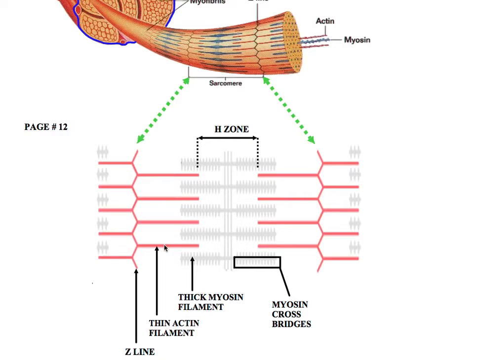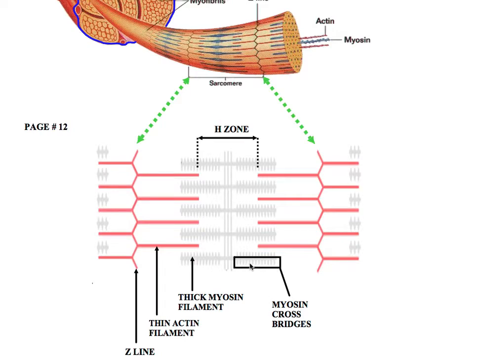And if you put both of your hands together and interlock your fingers and slide them back and forth, you're doing a really good job of demonstrating how the actual contractile process works. So what actually happens here is the thick myosin filaments have these little structures on them called myosin cross bridges.